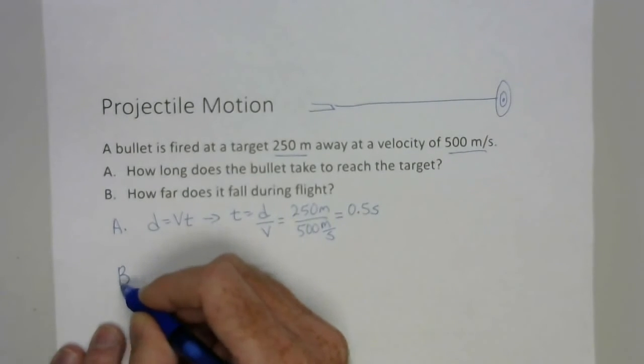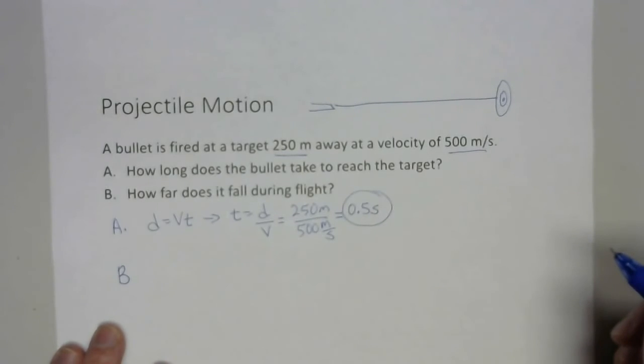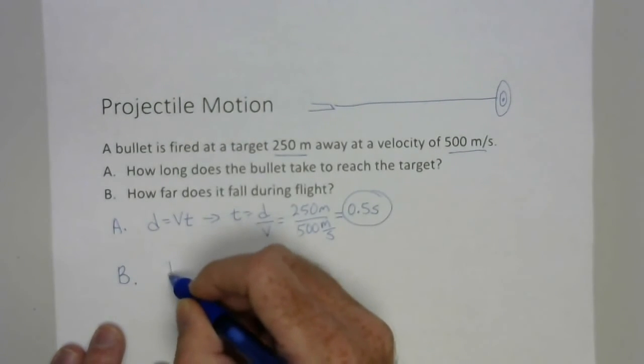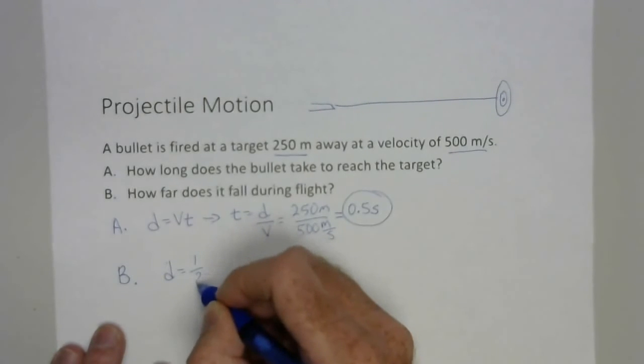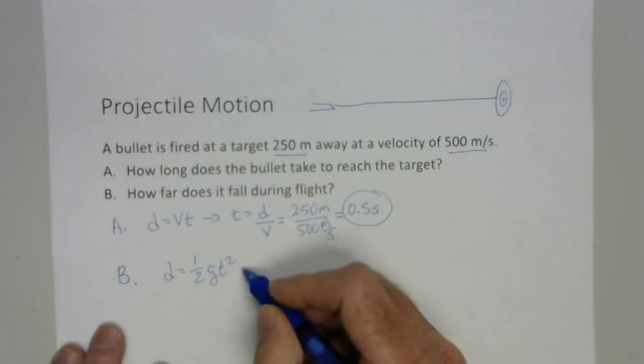And then for B, how far does it fall? Now that we know the 1/2 a second, we can work that into the free fall part. Then we use this other equation. The distance is equal to 1/2 gt squared, except now we're solving for distance.